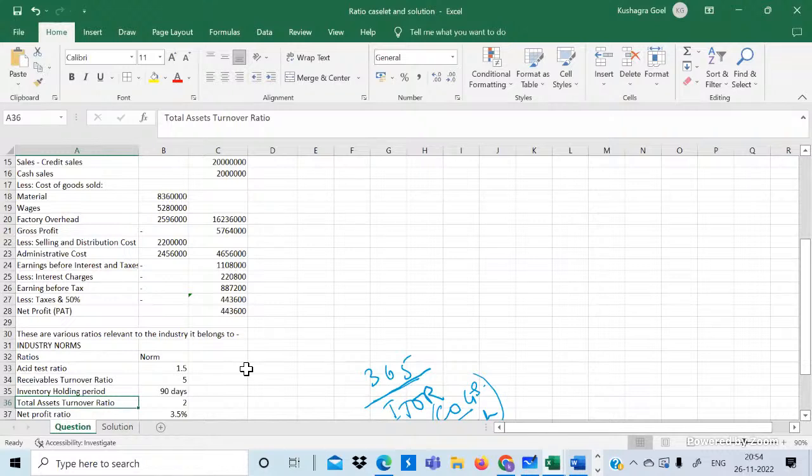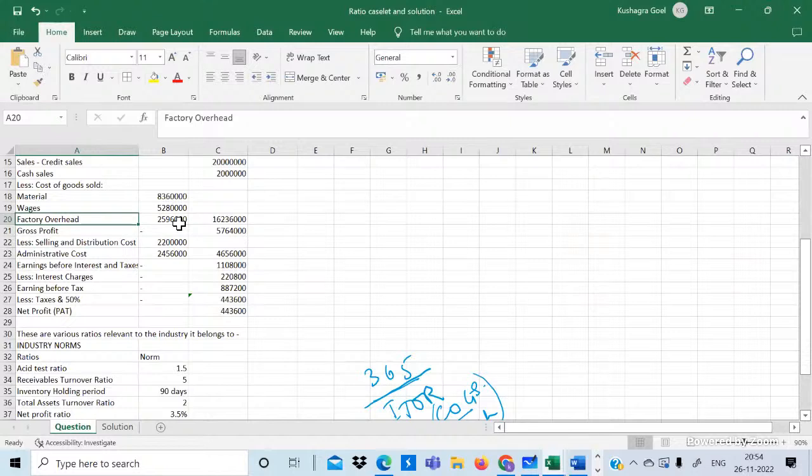What is factory overhead? Okay, anyone who can tell me what is factory overhead? This question is with respect to this. What is a factory overhead? Anyone? Factory overhead. Overhead, as the name suggests, it's an indirect cost. So it's a cost which you cannot directly allocate to a product, but it's incurred and that cost is split amongst the number of units.